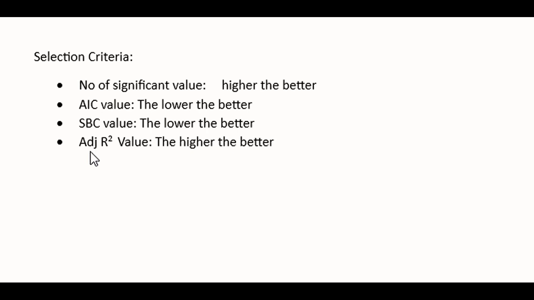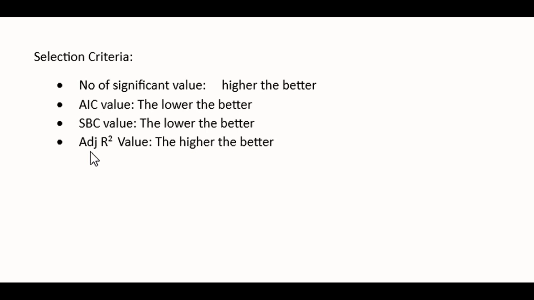Higher R square value shows that the model can explain your estimation in a better way than the other models.